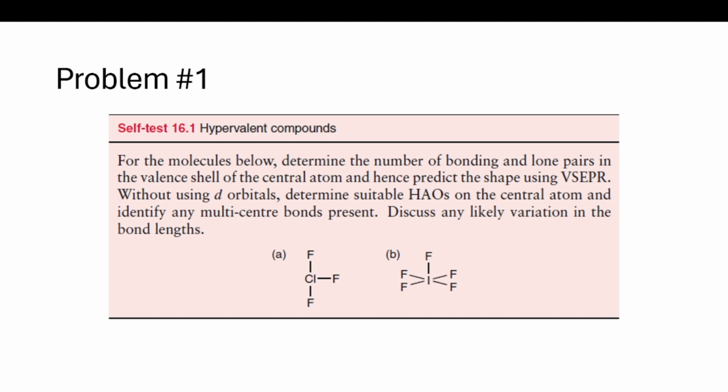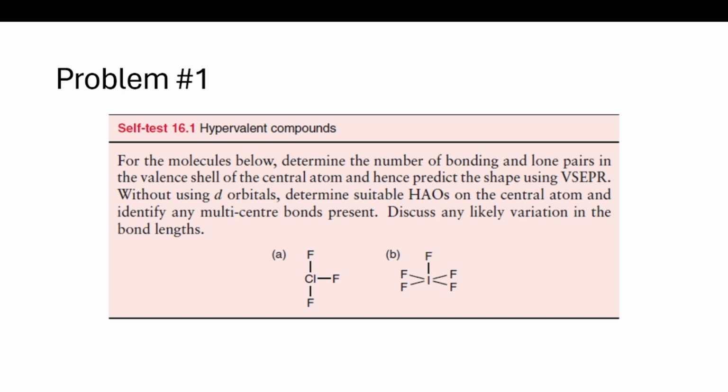And look, it's our first problem. What this question is essentially asking is, using VSEPR, predict the number of bonding and lone pairs in the valence shell of the central atom. In addition, I want you to determine any suitable hybrid atomic orbitals on the central atom, and tell me if there are any multi-center bonds present.